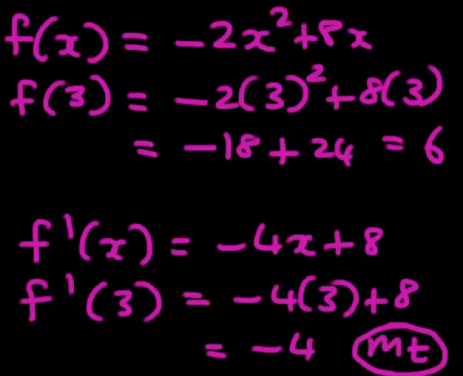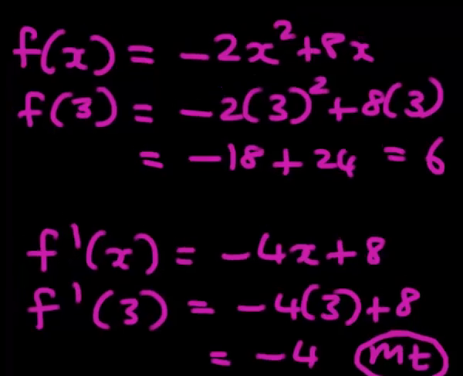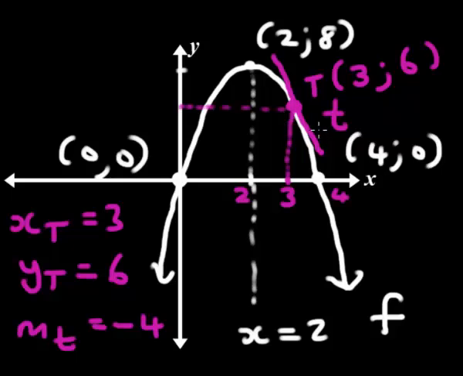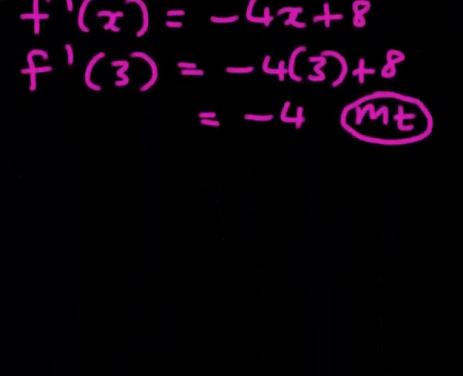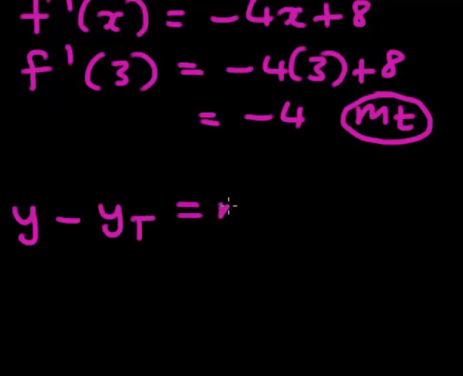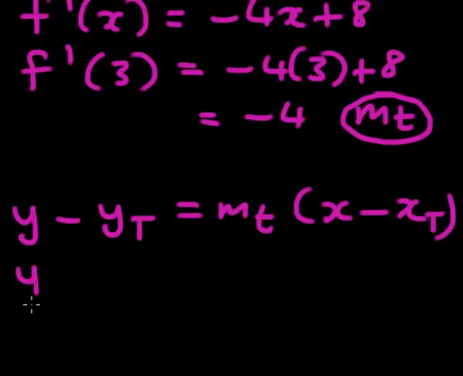So we can write it up here. Negative 4 is the gradient. And it makes sense because the line is sloping to the left there. It's decreasing as you move from left to right. Its gradient is negative. Then how do we get the equation of the tangent? y minus y of T is m, the gradient of the tangent, times x minus the x of T. The y of T is 6.